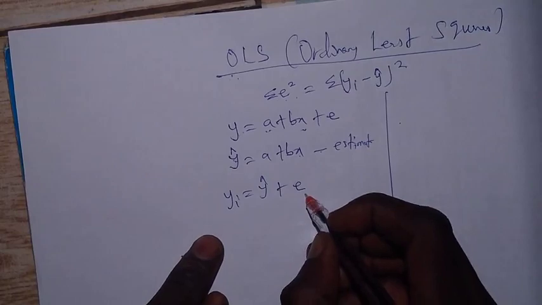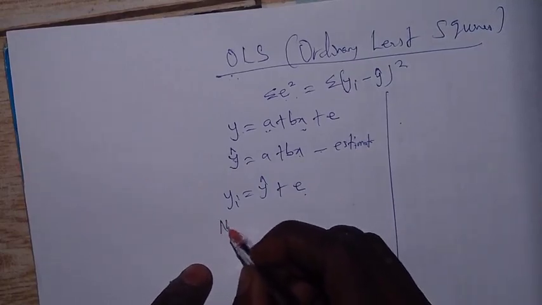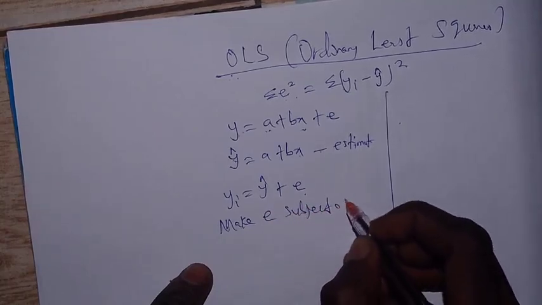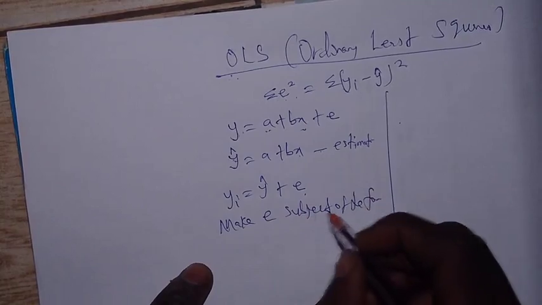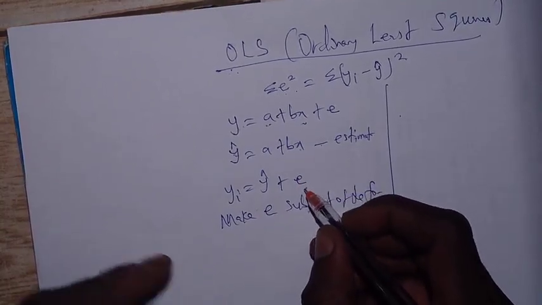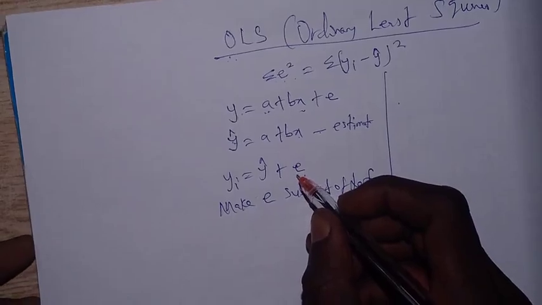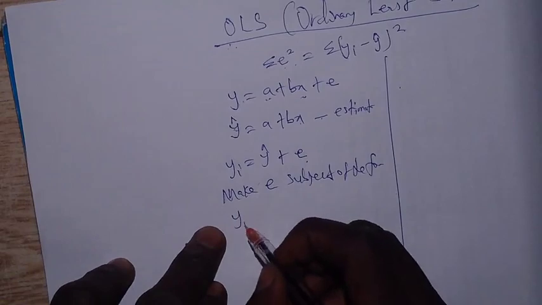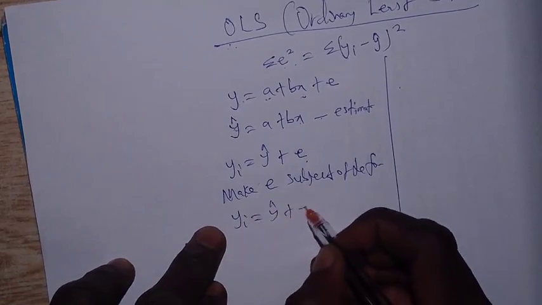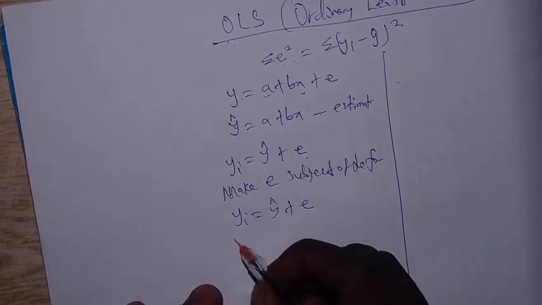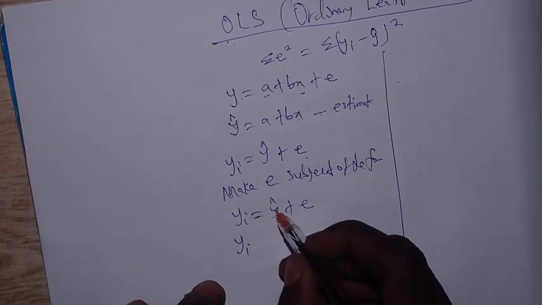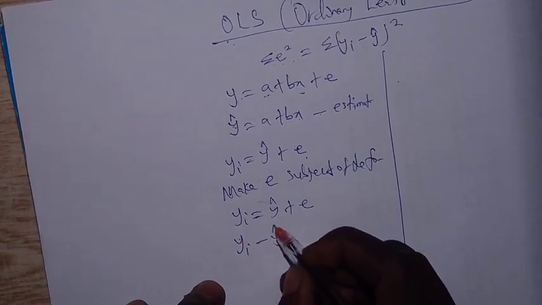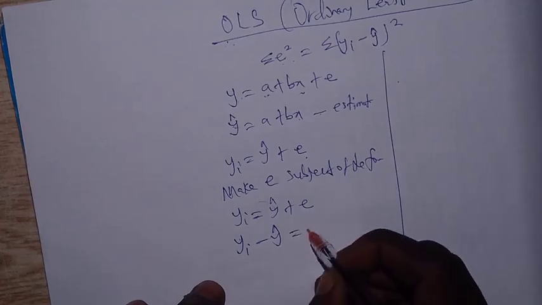Now from here, let's make e the subject of the formula. From yi equals y cap plus e, y cap moves to the left-hand side: yi minus y cap equals e.